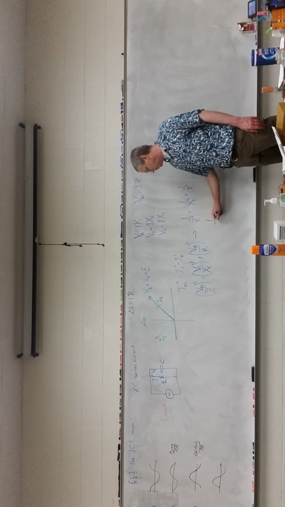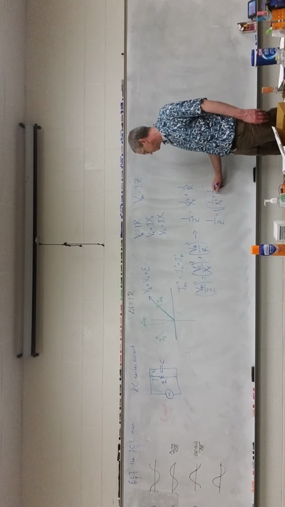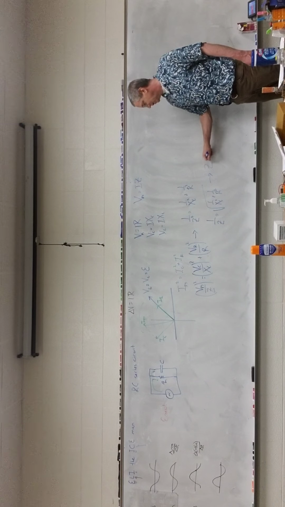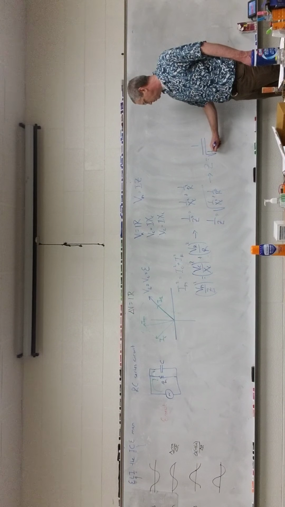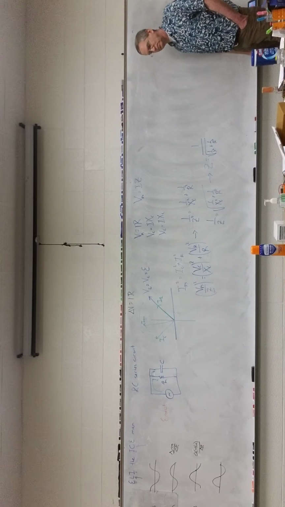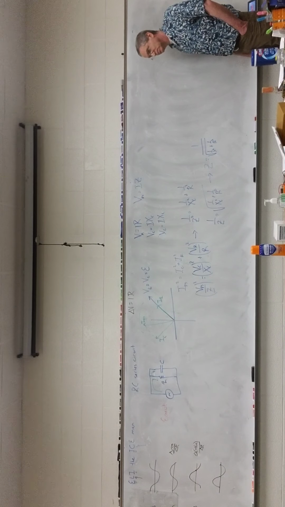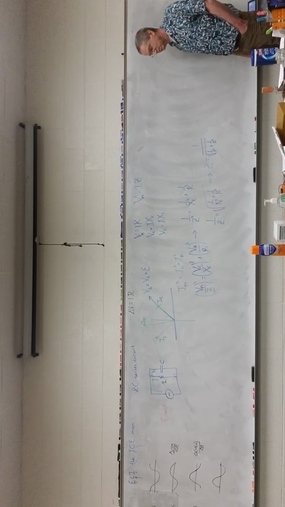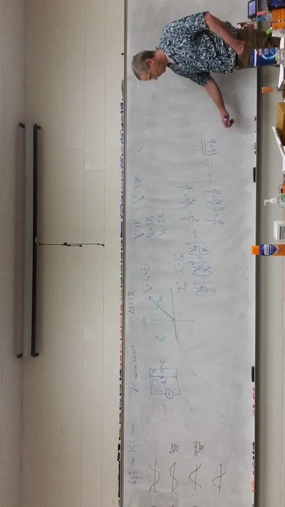Square root of both sides, I get 1 over Z is equal to the square root of 1 over X sub C squared plus 1 over R squared. Or Z, for this case, is 1 over the square root of 1 over X sub C squared plus 1 over R squared. That should be X sub C there.